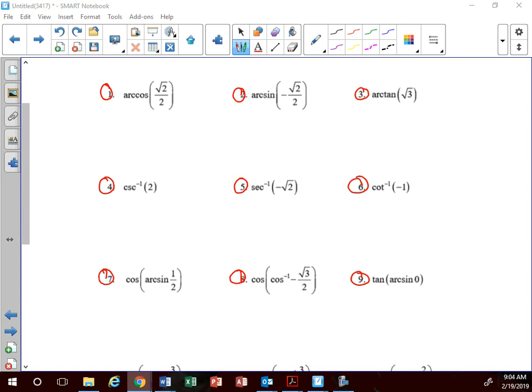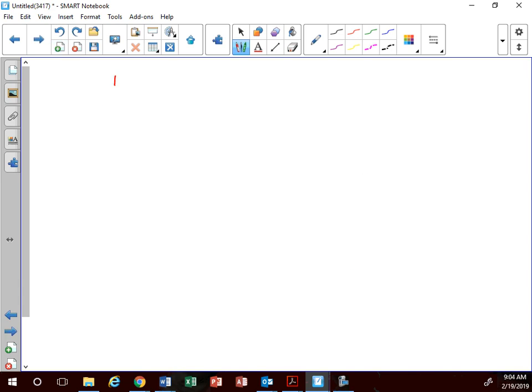Guys, let me give you something that I think will make the secant and cosecant ones easier. So if I flip 1/2, what do I get? 2, right? So if I see inverse cosecant of 2, I'm going to do that as inverse sine of 1/2.